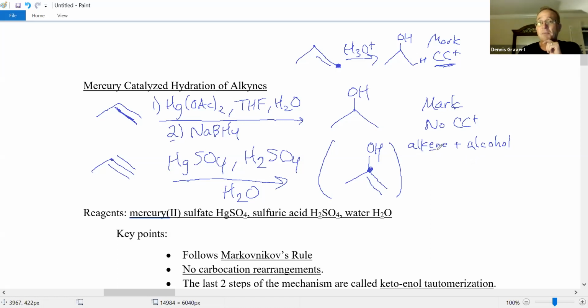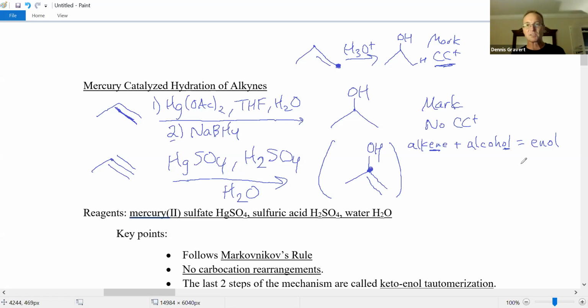This is actually the name of a new functional group. So if you have a carbon that's both an alkene carbon and an alcohol carbon, you can call that the enol functional group. Don't you love this? Alkene plus an alcohol. So take the en and the ol and make a new word out of it. Scientists love this. Oh my goodness. So the enol functional group turns out to be not very stable.